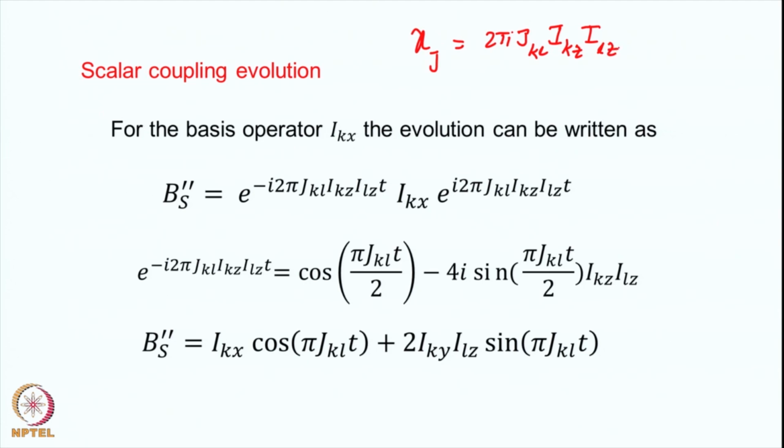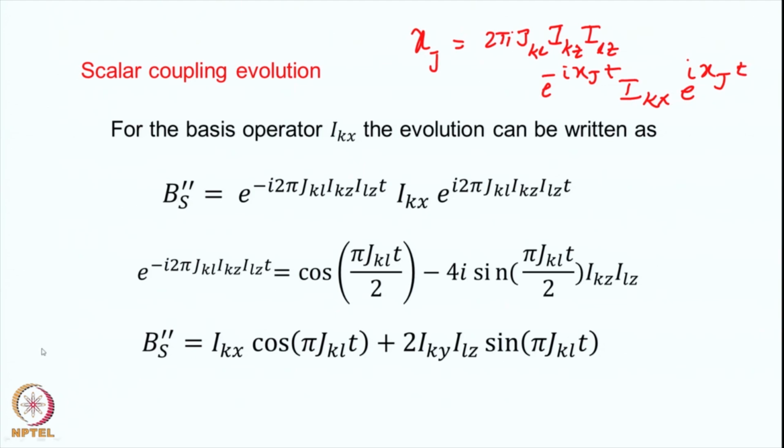So for the two spin case, this is the coupling Hamiltonian. For the evolution, we have to calculate e to the minus i Hj t, and using the same basis operators, this will be e to the i Hj t.